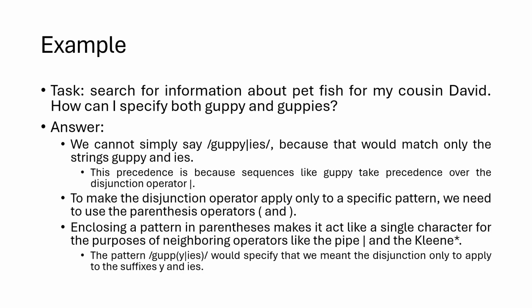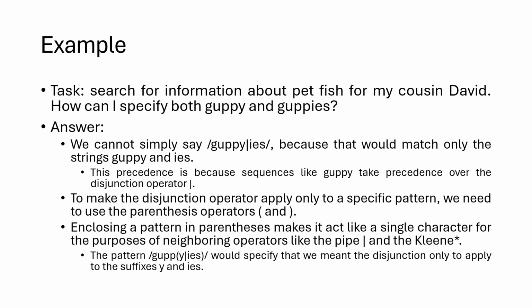This is because a sequence like guppy takes precedence over the pipe symbol. In order to address this, we can make the disjunction operator apply only to a specific pattern.